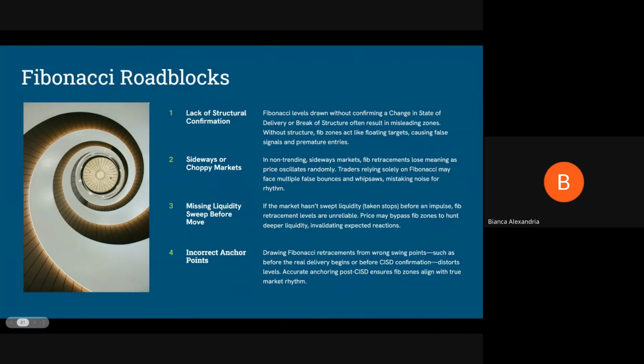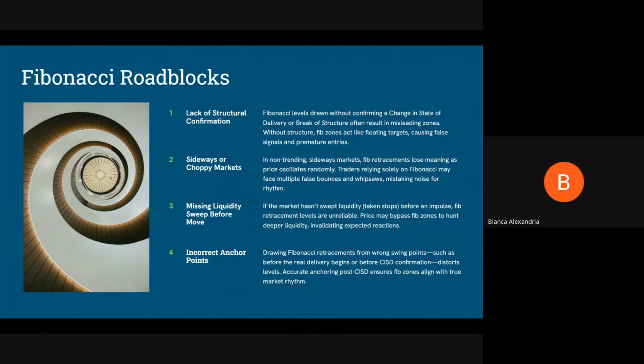All right, Fibonacci's. It can be intense. And I know for me personally, I used to use them for everything, even when there wasn't anything to really identify. So one of the main ways Fibonacci's can fail is when you're lacking structural confirmation. There might not have been a change in the state of delivery.